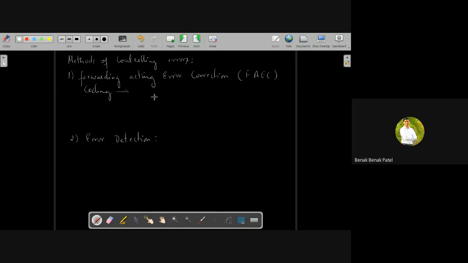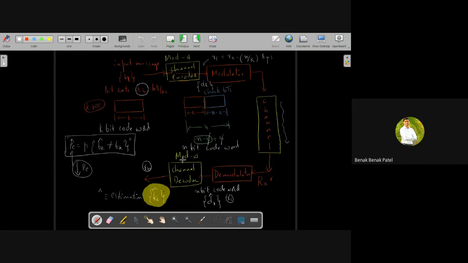Both detection and correction happen at the receiver end itself. Here we mainly concentrate on the correction term: in FAEC, correction is also done at the receiver end.